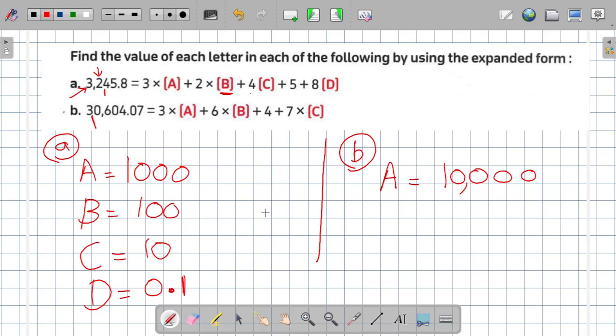Okay? 6 here is in the hundreds place. So I think 6 is multiplied by 100. So B equals 100. And 4 is in the ones place, so I think it's 4. And 7 is in the hundredths place, so I think C is 1/100, so I think it's 0.01. Okay?